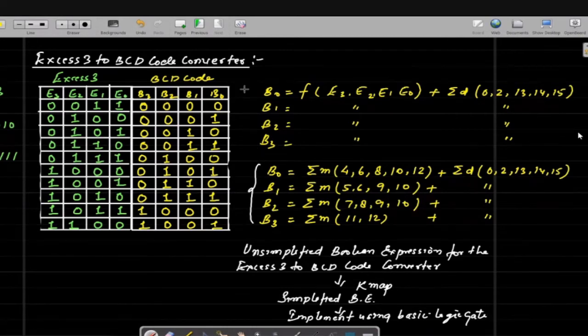So let's start. As we have discussed here, B0, B1, B2, B3 are all functions of 4 variables.